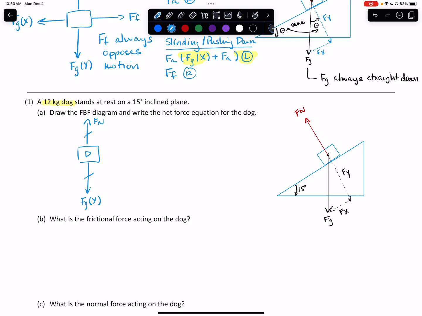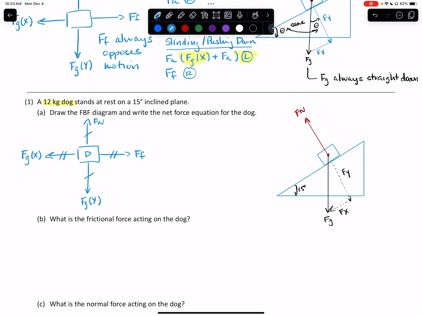I also am going to have pointing down the plane, down the ramp, my gravity value in the x direction. And then equal but opposite to that, I have to have some sort of frictional piece. Because if I don't have something opposing that downward force going down the ramp, the dog should slide down the ramp. So these are also going to be equal but opposite.